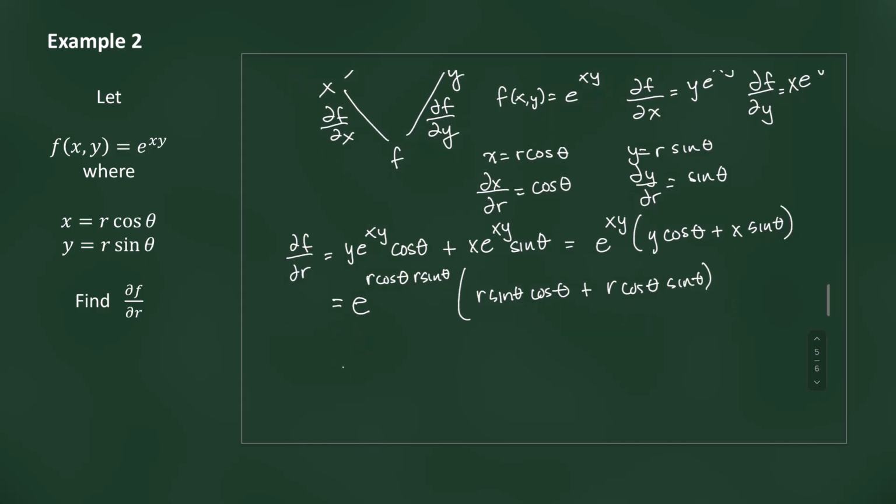And we can tidy that up a little bit. So we get e to the r squared cosine theta sine theta. And then notice these terms, because of the commutative property, are the same. So we have 2r sine theta cosine theta inside of our parentheses.